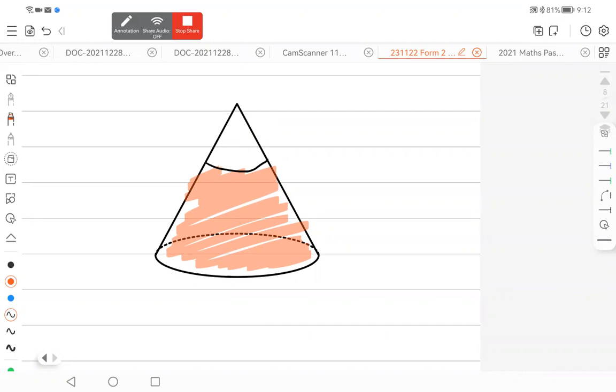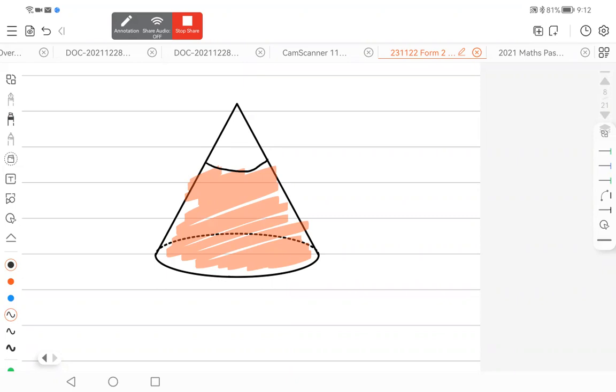Is this a composite solid? Do you think this is a composite? No? Yes, I will say yes. There is more than one 3D shape. Yes, there are two cones. So it's a composite solid. So to find the shaded volume, the remaining volume, how to find? The volume of the whole, and then minus the not shaded one.